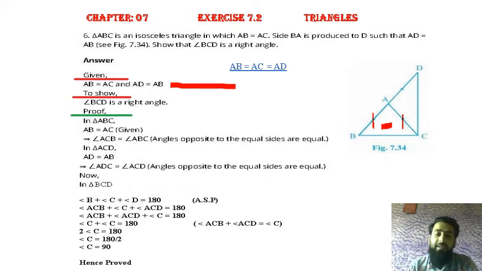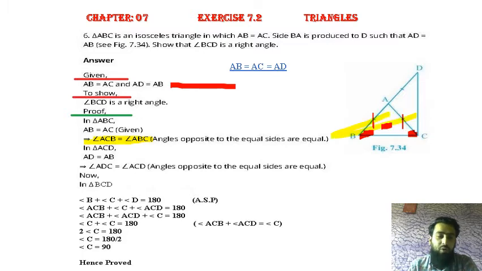This means angle B and angle C will also be equal to each other. That's what I have written here: angle ACB equals angle ABC, or simply angle C equals angle B. Angles opposite to equal sides are equal.